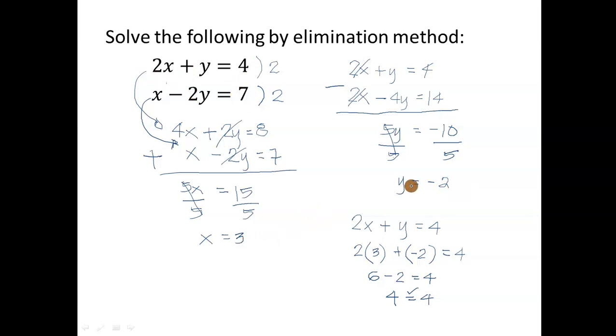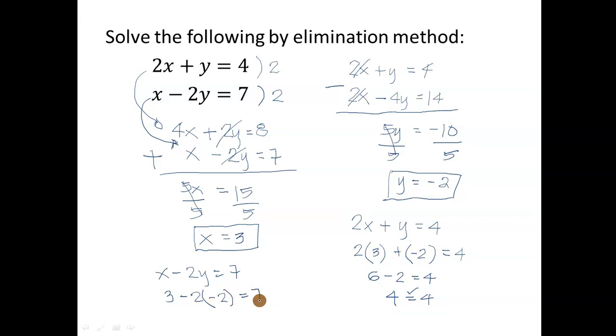Now, let us substitute these two variables into the second equation, and it should also satisfy the second equation. So for the second equation, we have x minus 2y equals 7. Substituting x equals 3 and y equals negative 2 into our second equation, we have 3 minus 2 times the value of y, negative 2, equals 7.